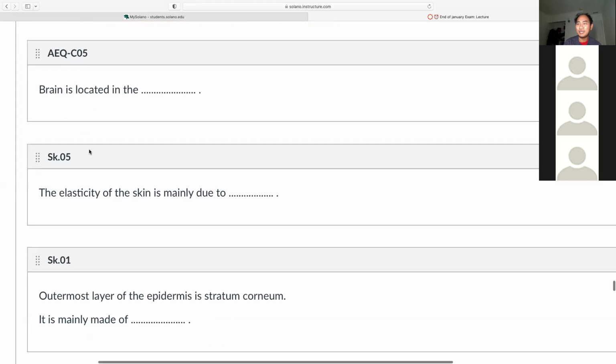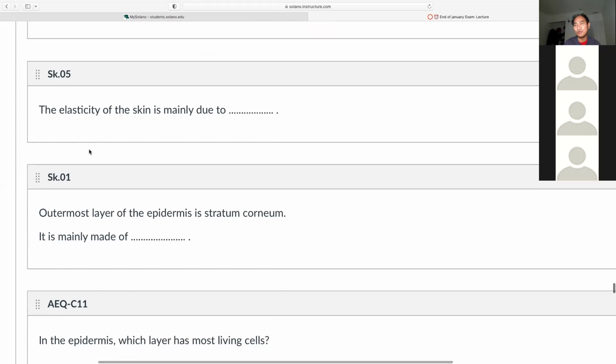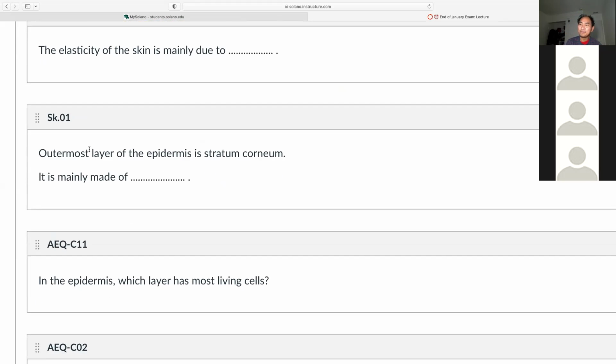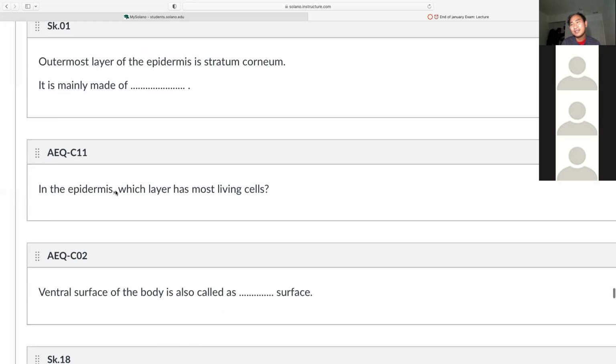Elasticity of the skin is mainly due to, that's an easy one. The outermost layer of the epidermis is stratum corneum. Stratum corneum is mainly made of what? Dead keratin. In the epidermis, we have 5 layers from basale to corneum.